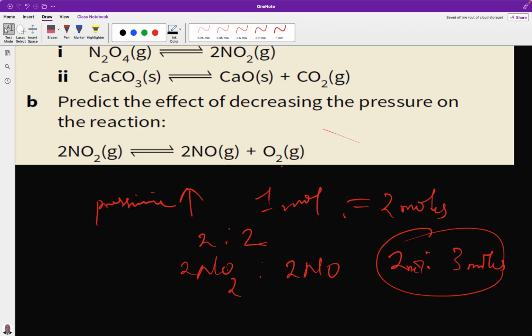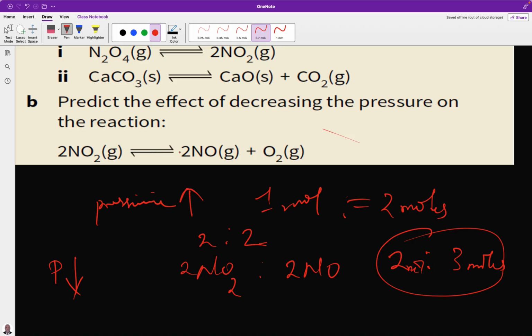Predict the effect of decreasing the pressure. If we decrease the pressure, what happens? To increase it, the particles will have to move to the direction of more gaseous molecules.